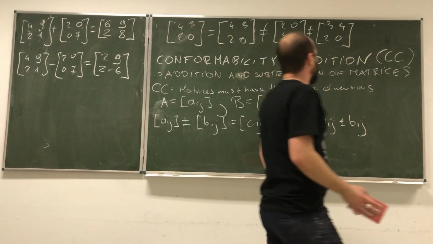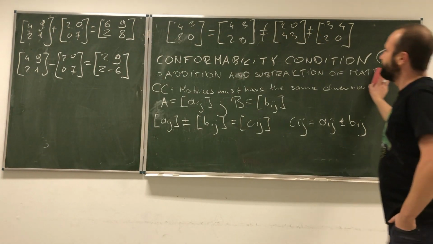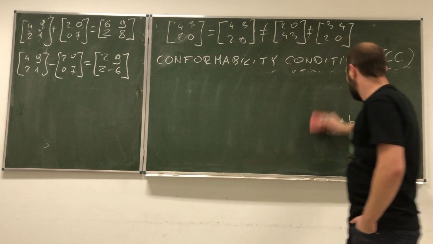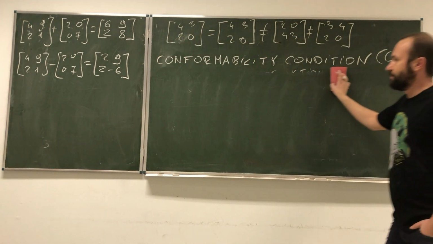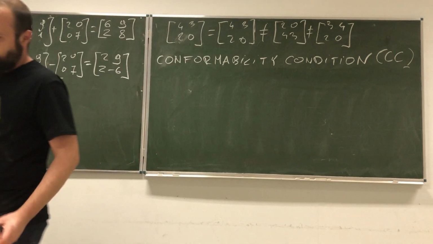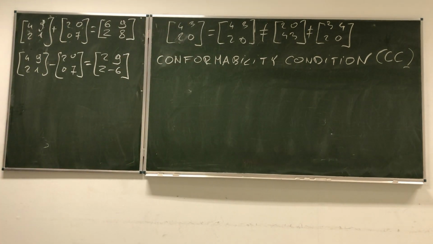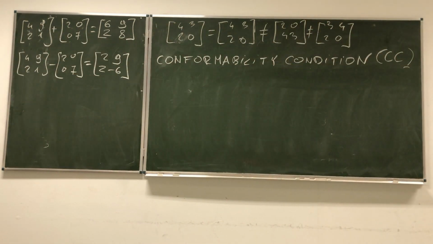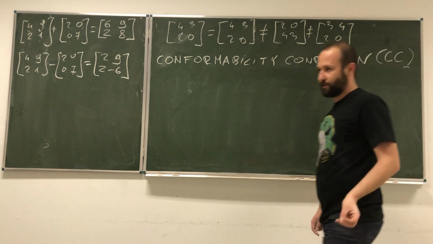So how about now we move to another operation, which is multiplication by a scalar. Okay, first, what is a scalar? Have we ever heard this term? Well, look, scalar is what we call a number in matrix algebra.